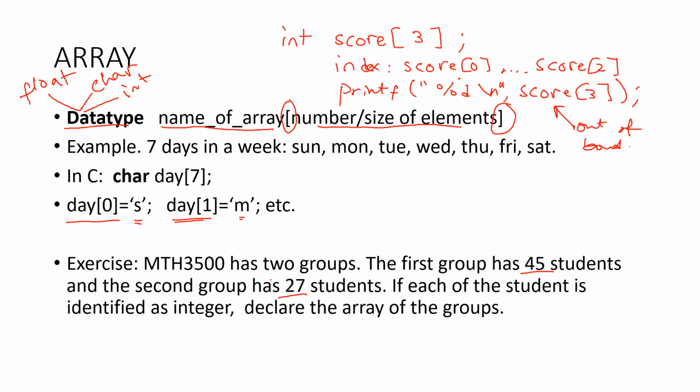Saya tanya soalan ni. Ada yang tak faham soalan tak? Dia nak buat 2 array untuk setiap group. Okey. So kalau ni siapa yang dia tak ada masalah ke boleh cuba try dekat ni. Tulis dekat chat. Declare the array of the groups. Macam mana nak declare?